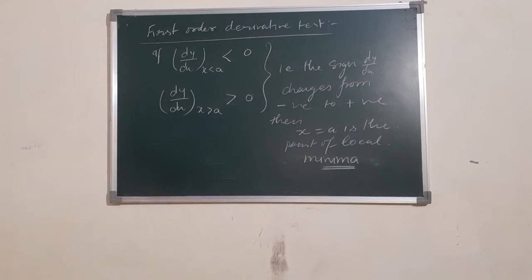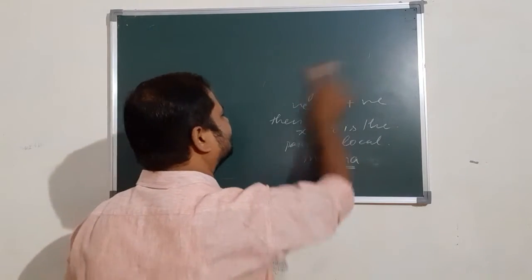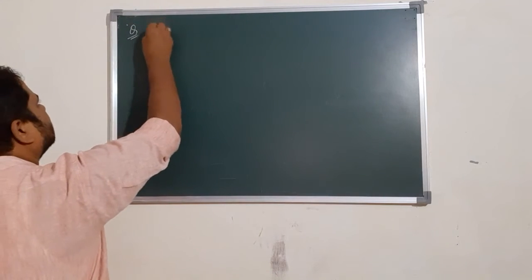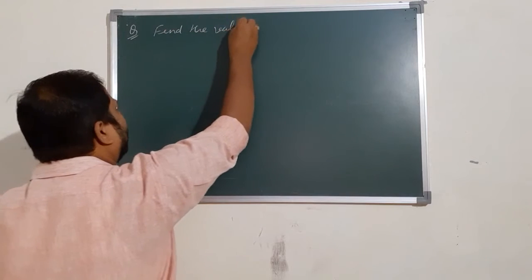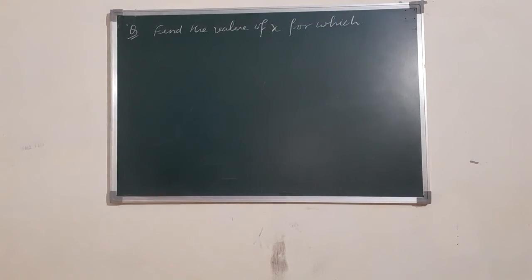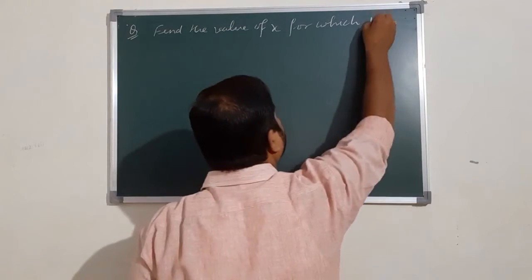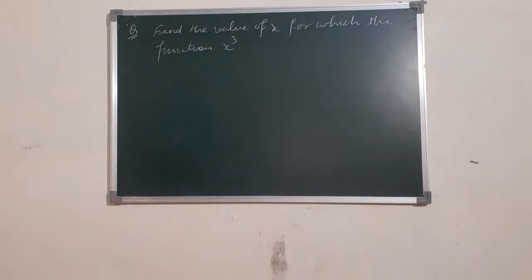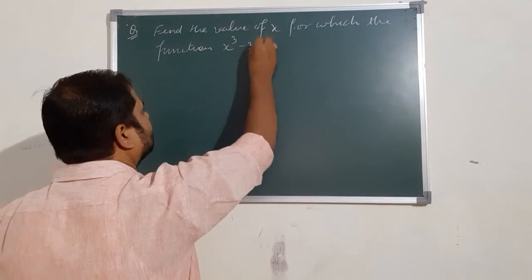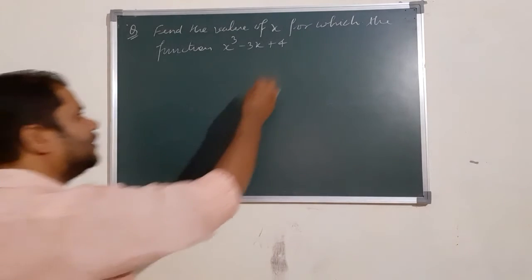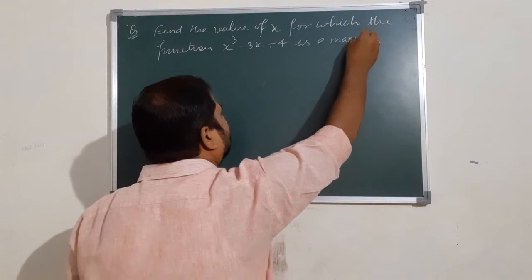Find the value of x for which the function x cube minus 3x plus 4 is a maximum or minimum.